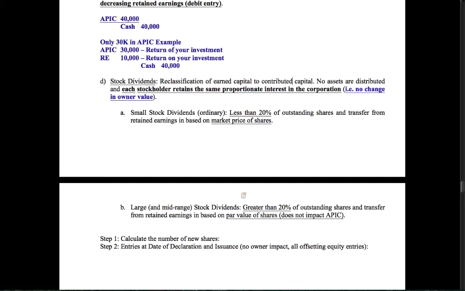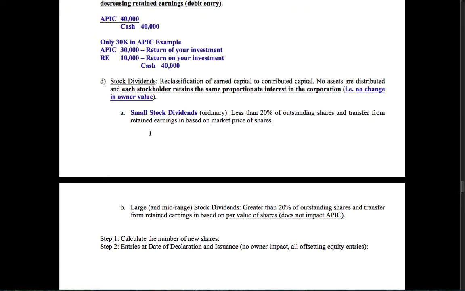There are two types of stock dividends: small stock dividends and large stock dividends. Small stock dividends are when the stock dividend is for less than 20% of the outstanding shares. So if the example says they issued a 10% stock dividend, that means it will be a small stock dividend, also referred to as an ordinary dividend.